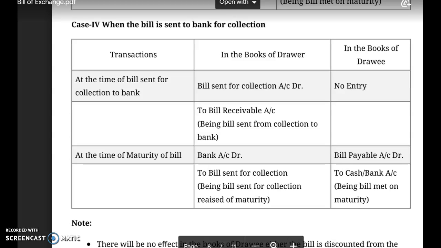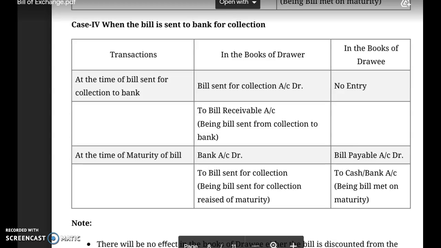It is the duty of the bank, because the bank provides this very important service against certain fees. When the bill is sent to the bank for collection, the drawer will maintain a register for bills for collection and make an entry in this register.